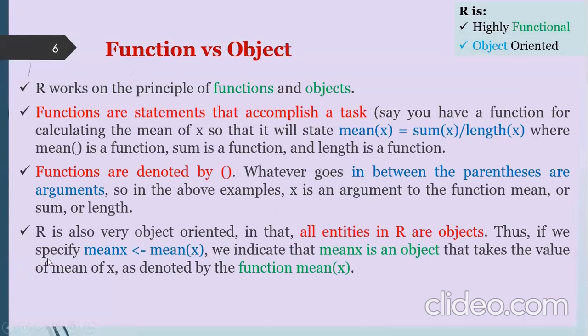Thus if we specify mean x, okay, we need to know a few things in R. In R, we will be using this sign for equals to. This sign and equals to are the same, but for R, people prefer to use this sign for the equals to sign.